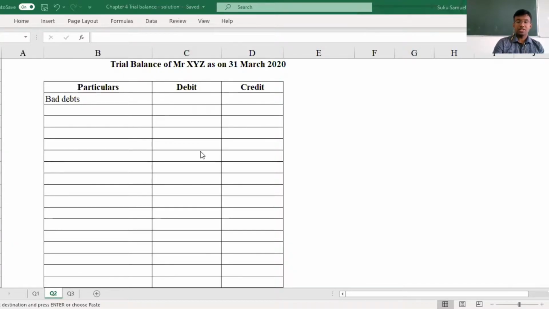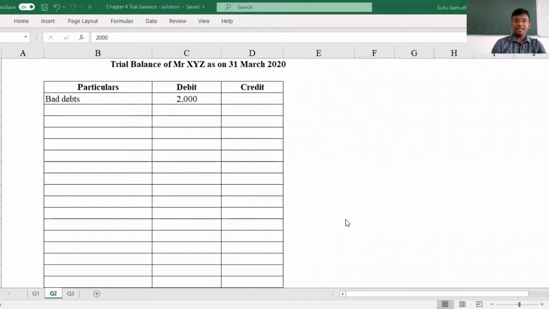So that is what is meant by a bad debt. Now what you have to remember is bad debt is an expense for us. Why? Because we gave money to someone with the expectation that they would be paying us the money back. But now that we are quite sure that the person is not going to pay us the money back, it has become an expense for us. So that is what is meant by a bad debt.